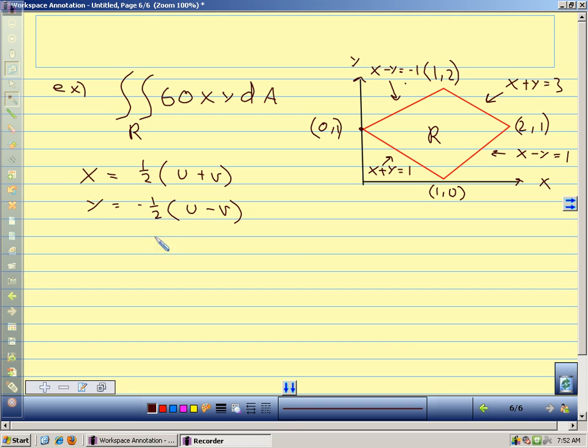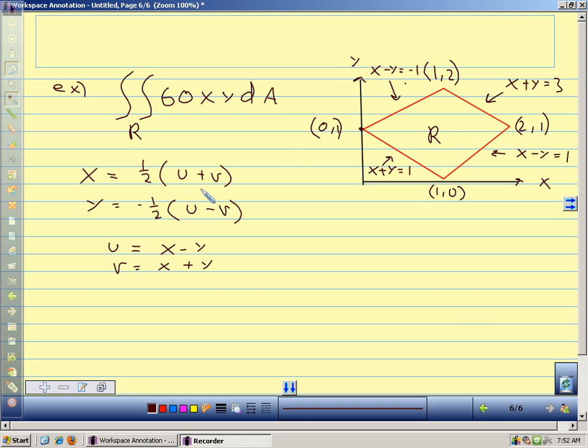If I make the substitution u equals x minus y, and v equals x plus y, and if I solve this system for x and y, I get these two equations. So the boundary of my region is what motivates the change of variables.